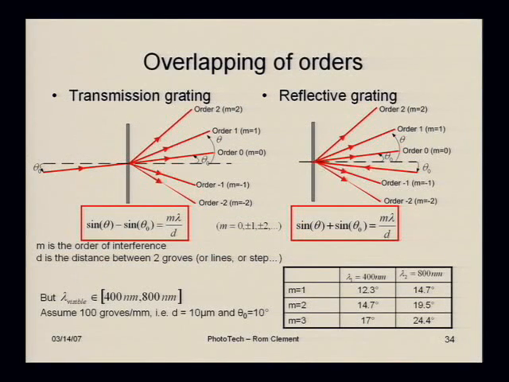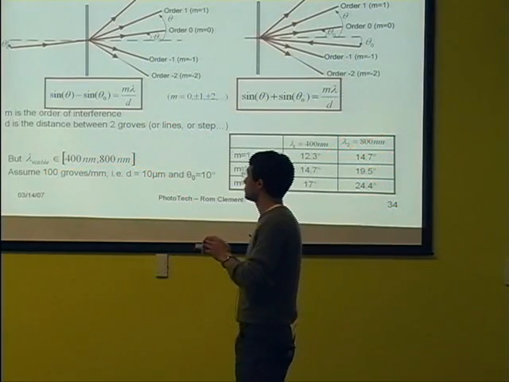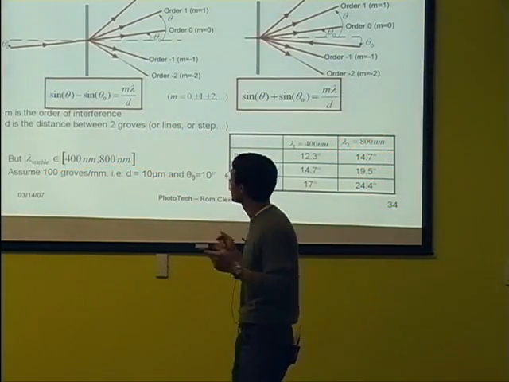So if I'm just looking at the transmission gratings, what's happening is I have an incident beam of light with a given angle theta 0, and if I'm looking on the other side of my gratings at the order theta 0, I'm just looking at the straight light which has not been diffracted. So I have basically the image of my source.